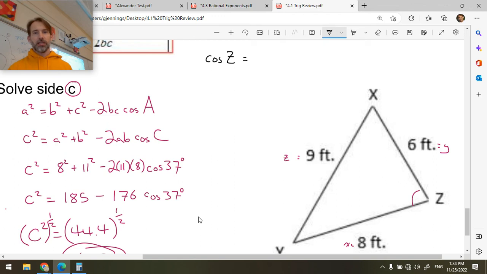So it's going to be 6 squared minus 8. Oh, I should copy out my equation. Sorry. Do an equation first. Little x squared plus little y squared minus little z squared, all divided by 2xy.